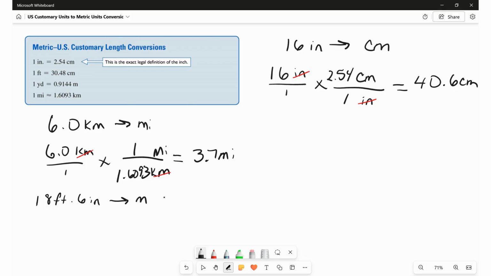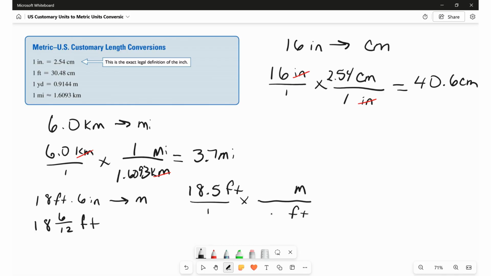We know that there are 12 inches in every foot. So this ends up being 18 and 6 over 12 feet. We can put that fraction into our calculator and get that this ends up being 18.5 feet. And we want to get to meters. We need feet down here.